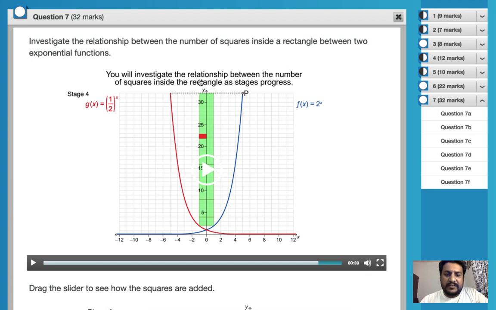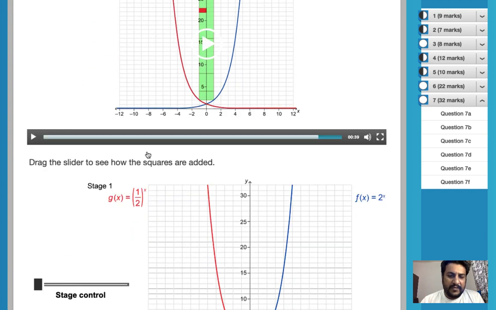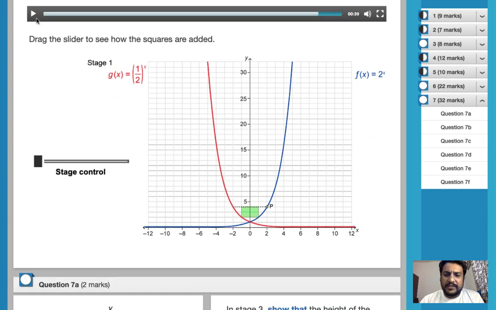You will investigate the relationship between the number of squares inside the rectangle as the stages progress. Okay, so we will need to know how the number of squares is changing with respect to the stages. Now this is given. This is an animation over here, where we can drag the slider to see how the squares are added.